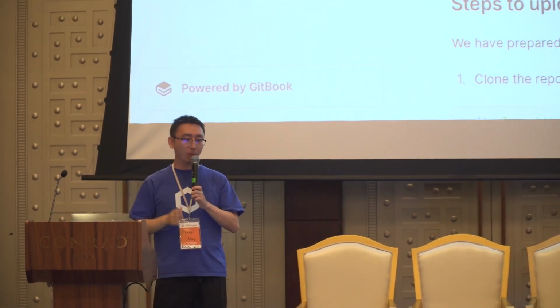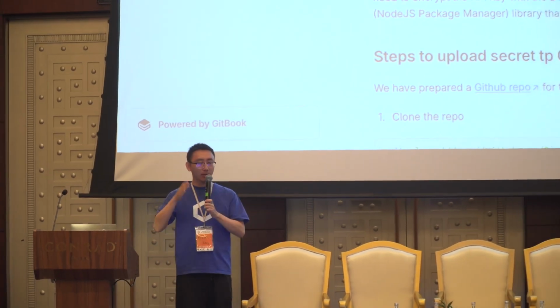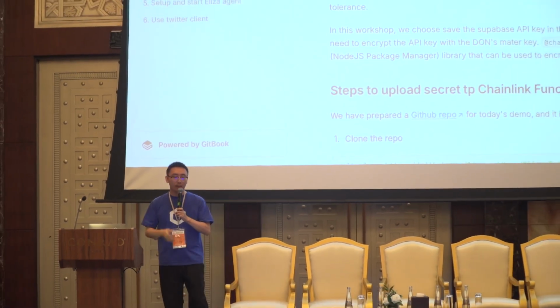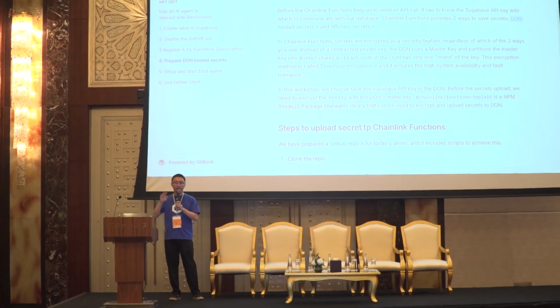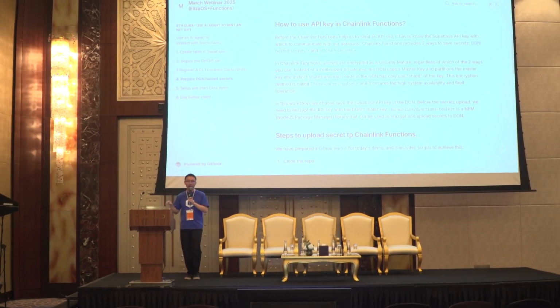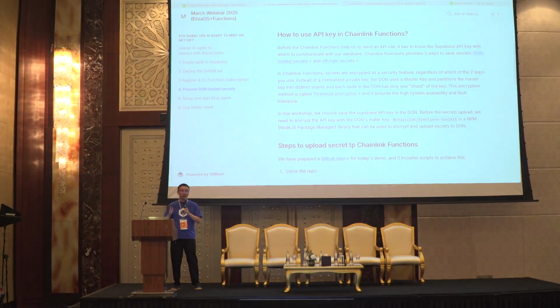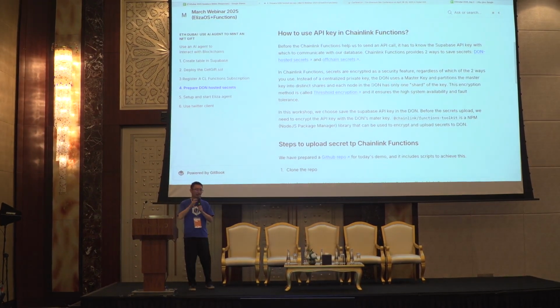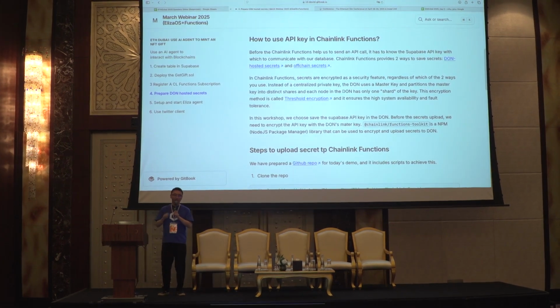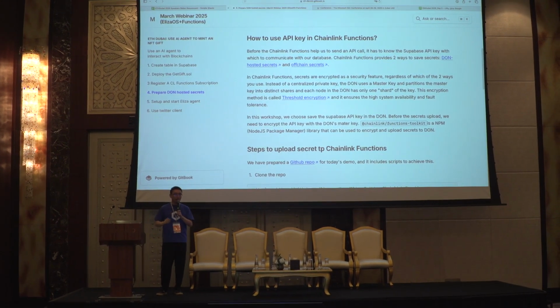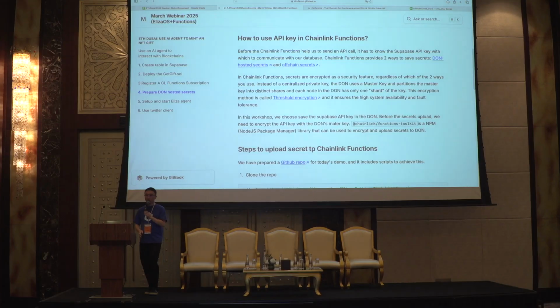If anyone wants to use this encrypted secret, this person should have the private keys of all the Oracle nodes in the network. That makes your sensitive data super secure. Firstly, the sensitive data cannot be accessed by anyone. Second, if anyone gets it, this secret cannot be decrypted.